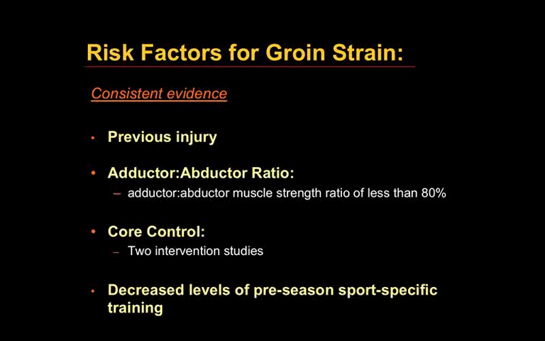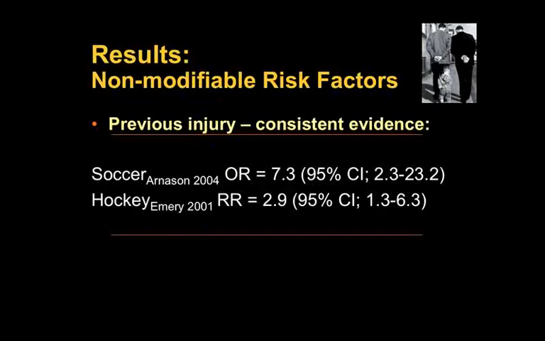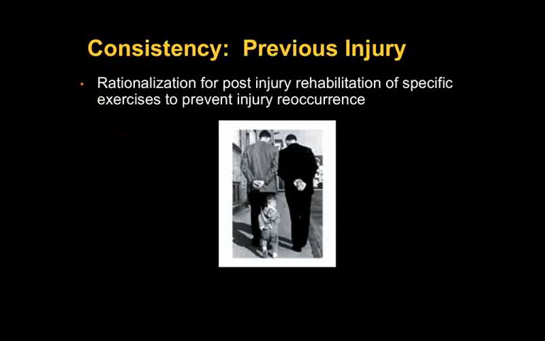And decreased levels of preseason sport-specific training were also shown to be a risk factor for groin strain injury. So if we look at these in terms of other consistencies in the literature for each of these factors, let's look at previous injury first.